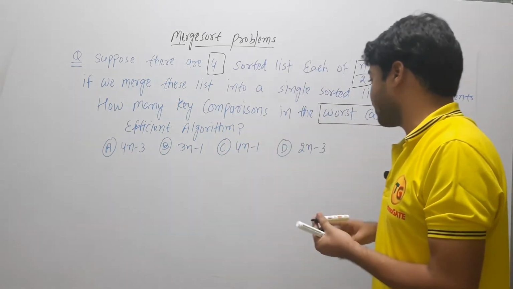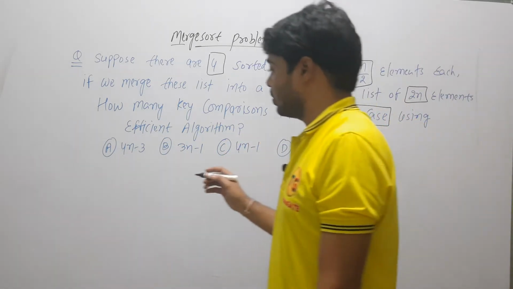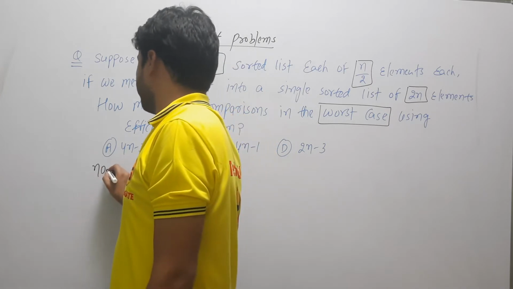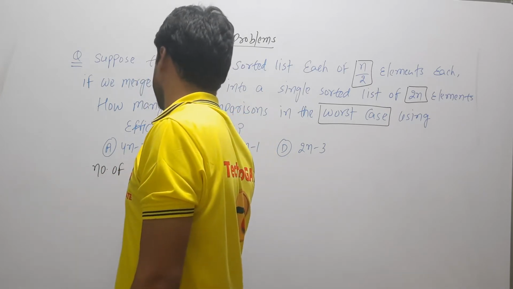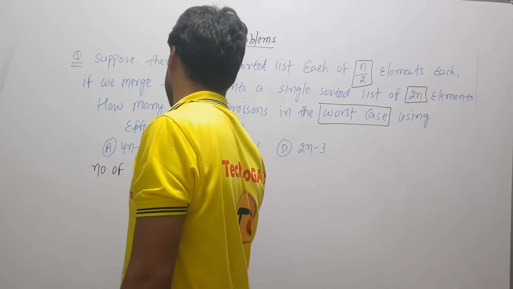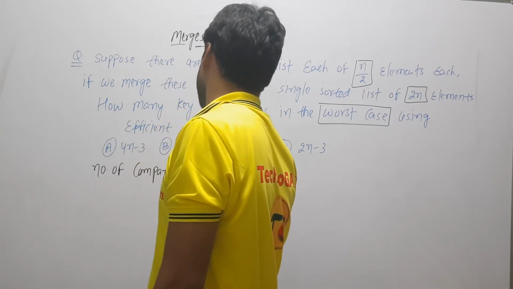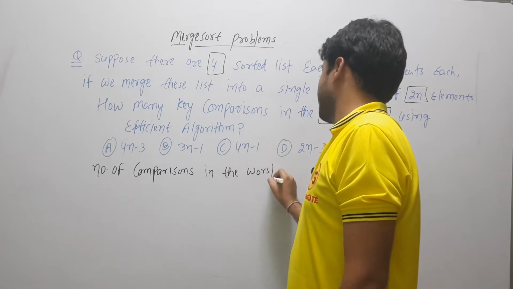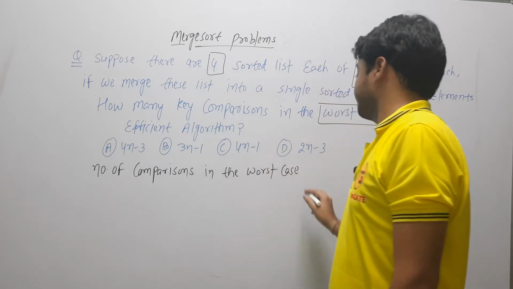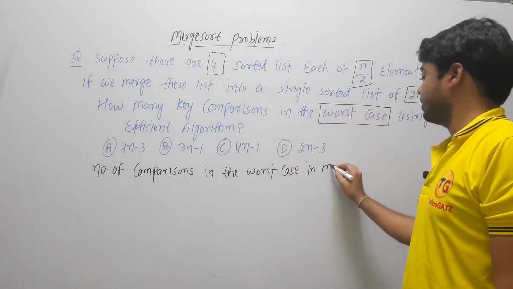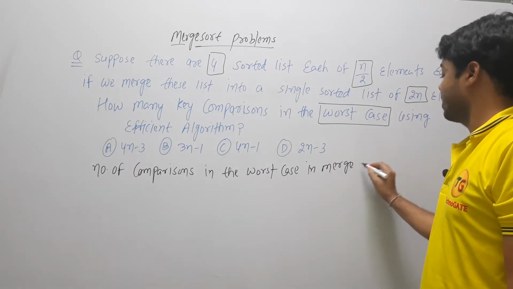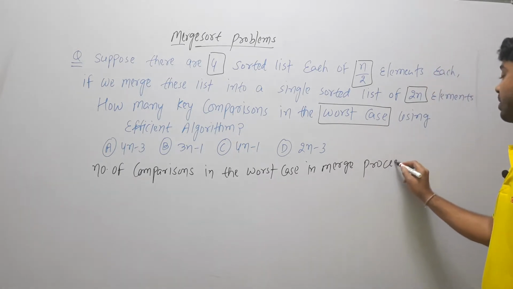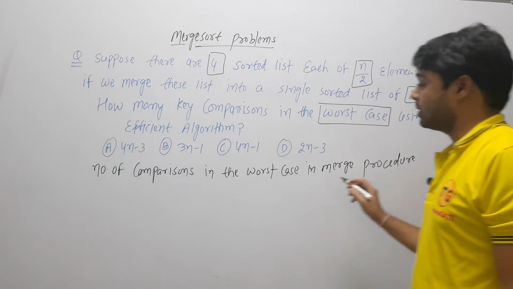So the number of comparisons in the worst case in the merge procedure, how much?